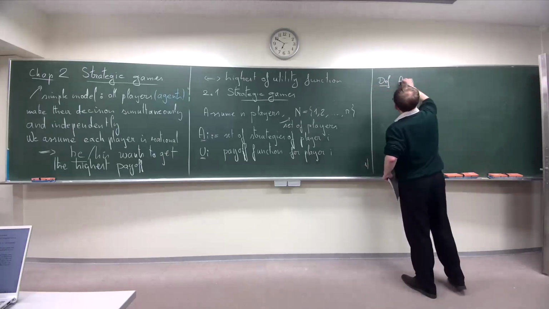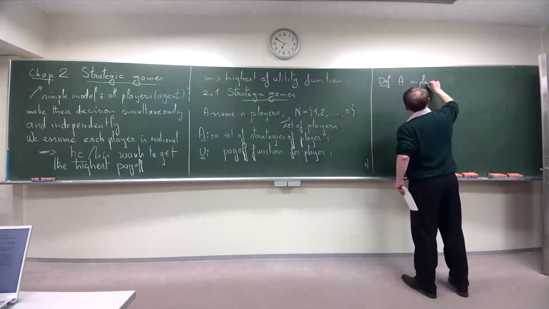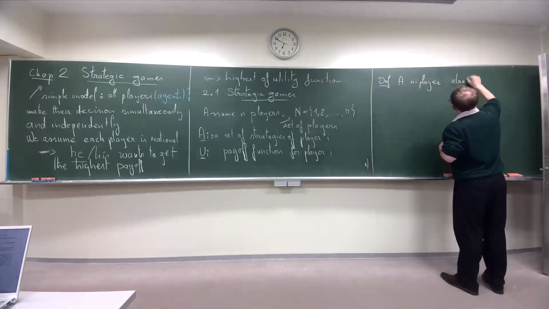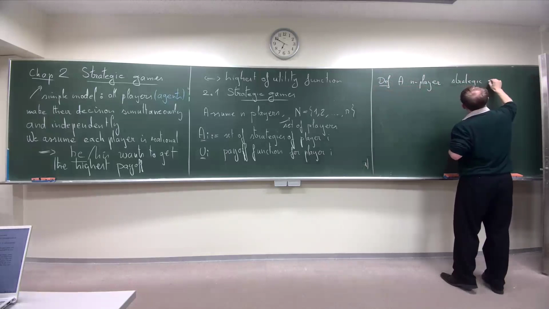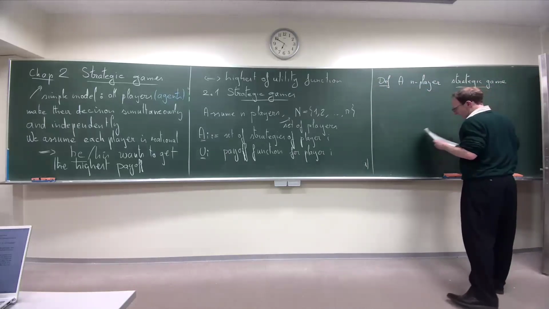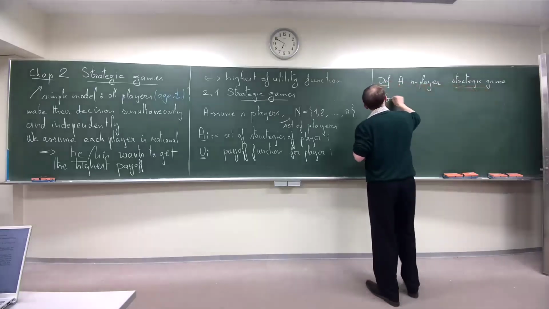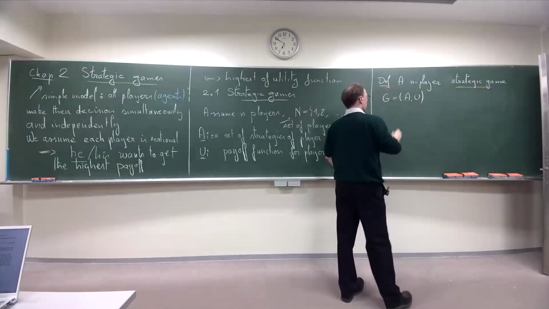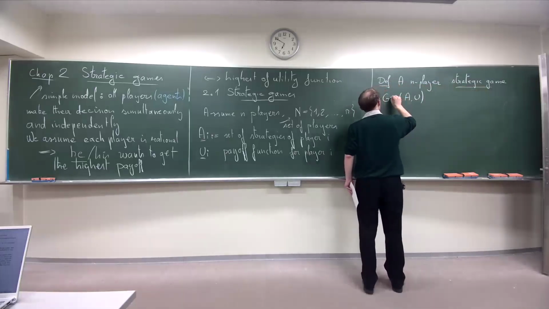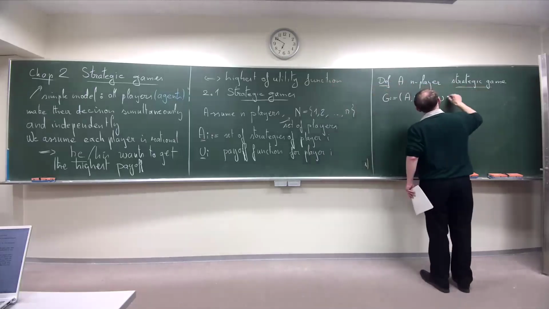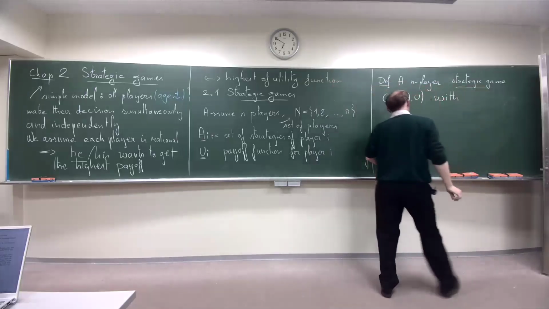Definition. N-player strategic game. It's rather simple. I'm going to denote it by G, but it corresponds to two objects. So I call it G, but it's A and U. And what are A and U?